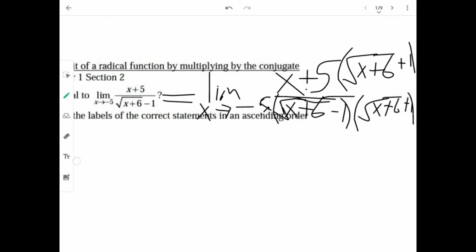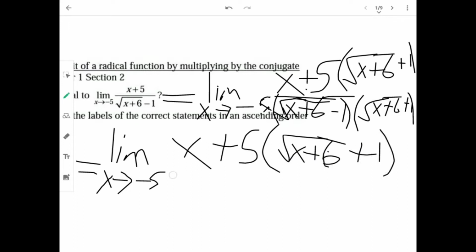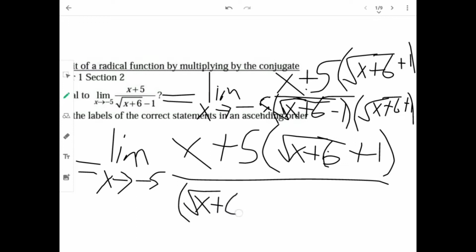So it ends up simplifying quite nicely. So x plus 5 into root x plus 6 plus 1 over root x plus 6 squared minus 1 squared.